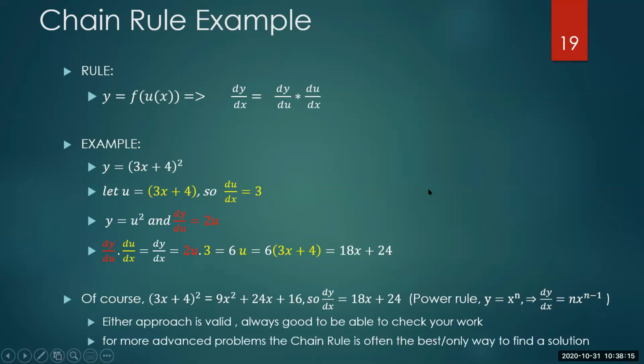Having said that, both approaches are valid, and it's nice to get the same answer each time, so that it gives you a way sometimes of being able to check your own work. But generally speaking, for more advanced problems, the chain rule is the best and possibly the only way to find a solution.